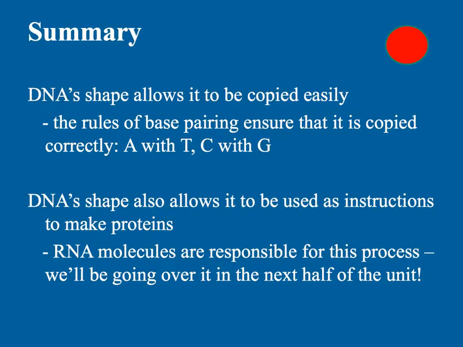So the shape allows it to be easily copied. Remember, it's called a semi-conservative process because each strand can be used to make a new copy, so that the new molecule of DNA has 1 strand of old DNA and 1 new strand of DNA.